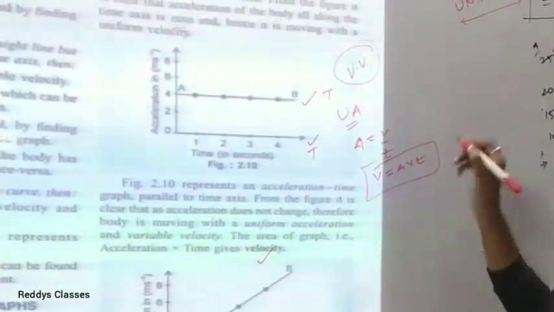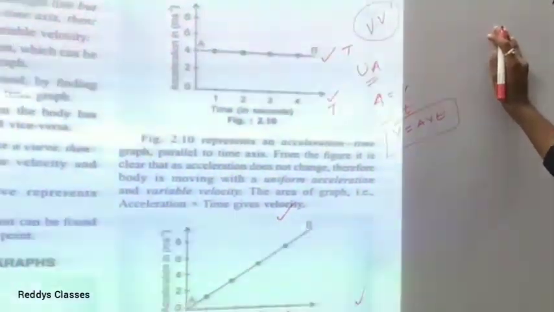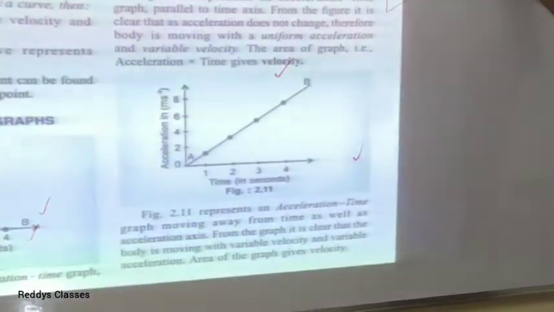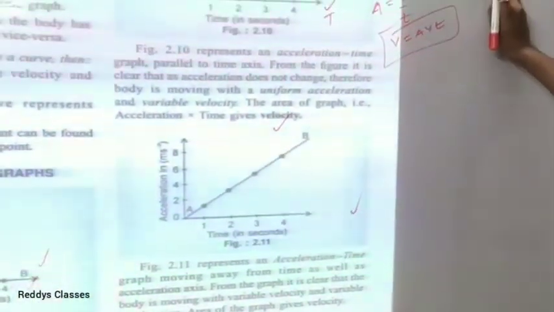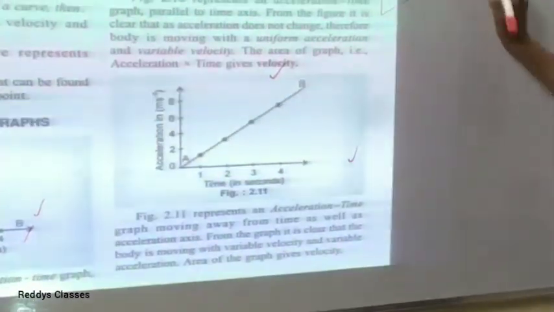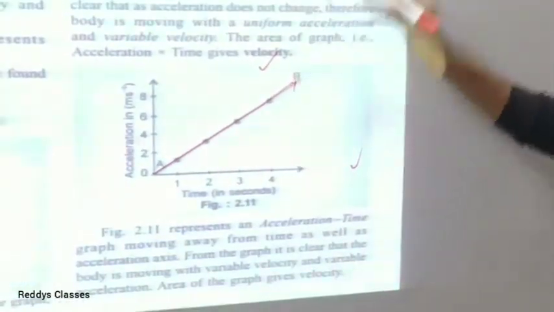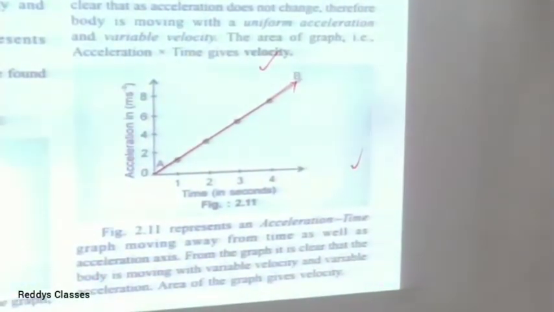Now let us see the third graph here. It represents the acceleration time graph which is moving from the time axis as well as the acceleration axis. Acceleration is happening here. Clear? From this graph it is clear that the body is moving with variable velocity, meaning unequal distance in equal time intervals, and variable acceleration.